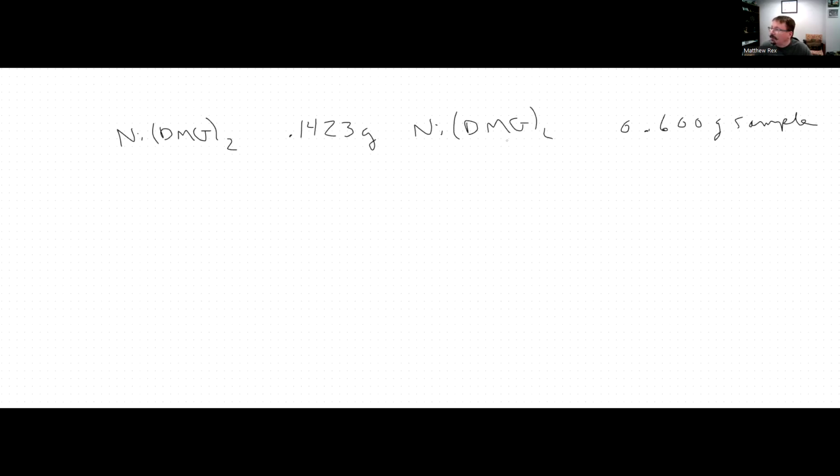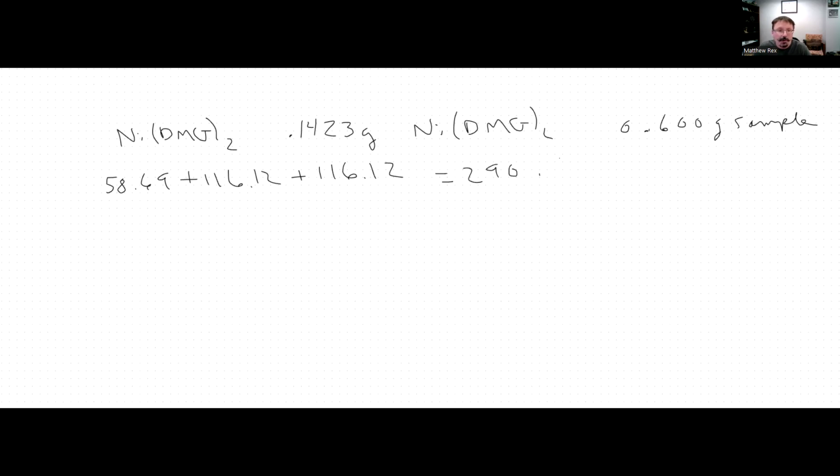So I can find the mass of the whole thing because we're told the mass of nickel and we're told the mass of DMG, but we don't have just a single DMG, we have two. So I want to add that in twice. And its entire mass should be 290.93.